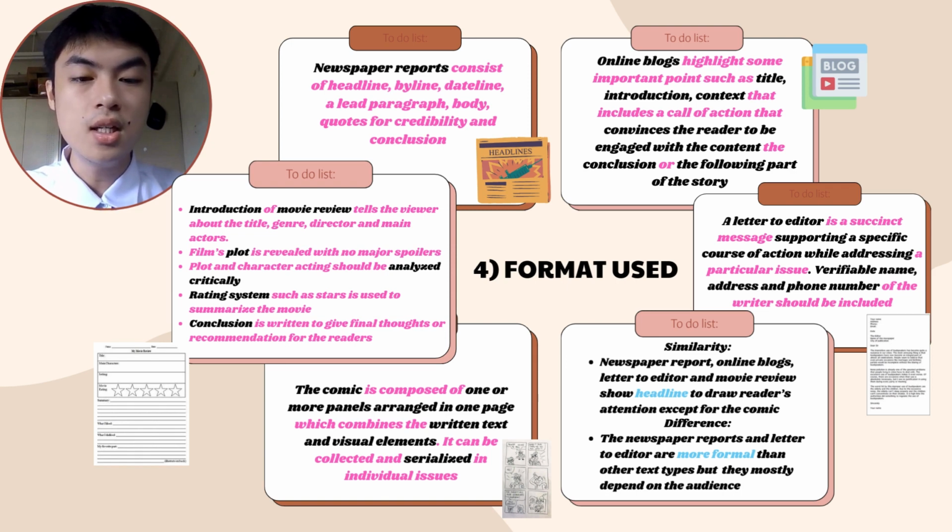First, the similarity is that newspaper reports, online blogs, letters to the editor, and movie reviews show headlines to draw the reader's attention, except for the comic. For the difference, newspaper reports and letters to the editor are more formal than other text types, but it mostly depends on the audience.